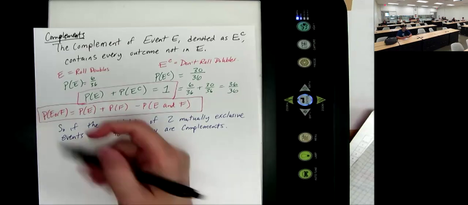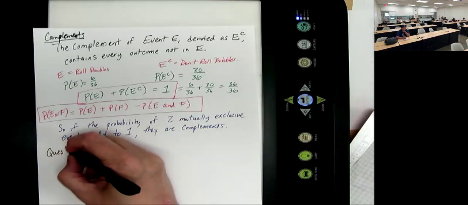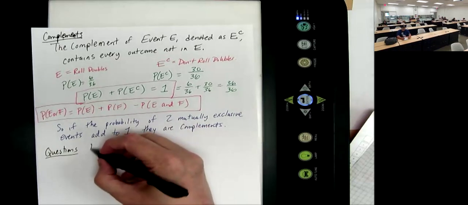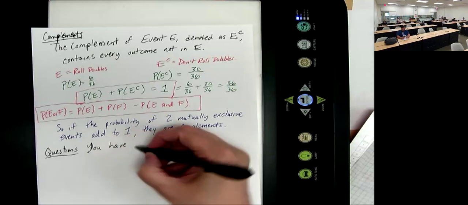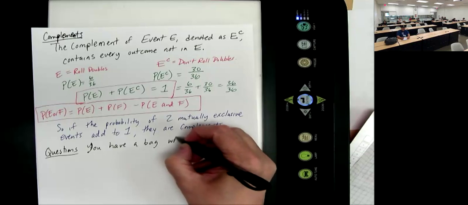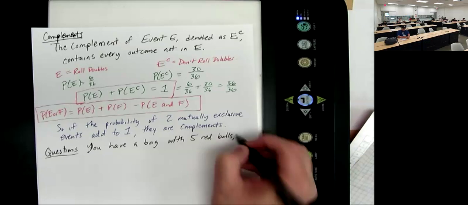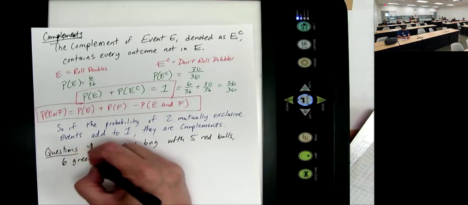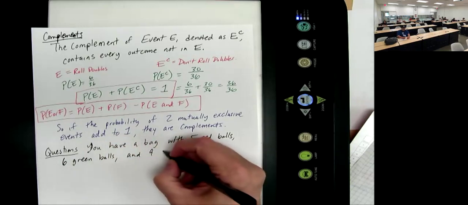Types of questions you'll see in this section. So like question types. Let's say you have a bag. They have stupid ones. You have a bag with 5 red balls, 6 green balls, and 9 purple balls.